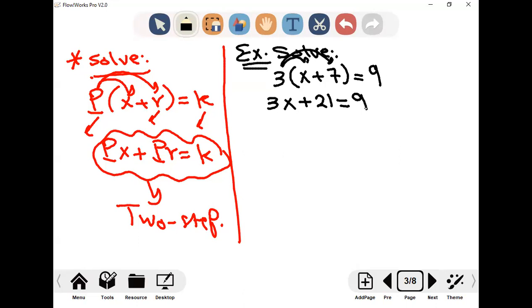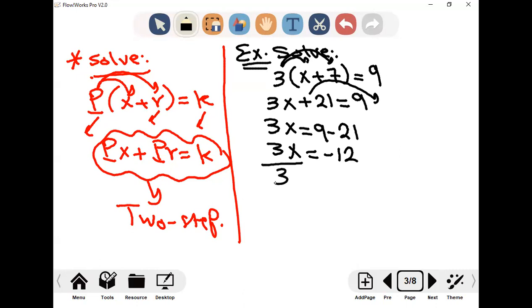Now shift, then divide. This 21, shift it to the other side. It will be 3x equals 9 minus 21. Small minus big is always negative. 9 minus 21 is negative 12. Now divide both sides by 3, so x will be negative 4.